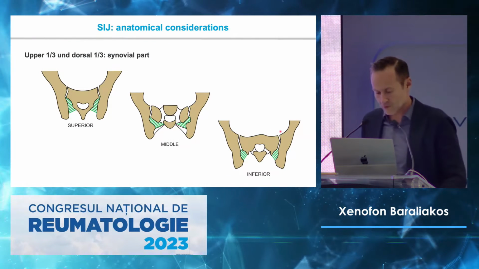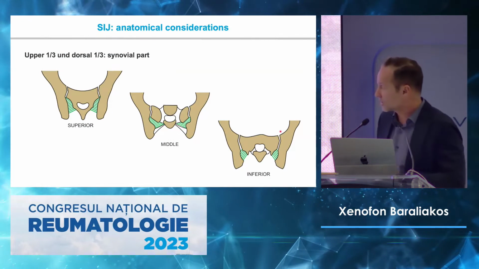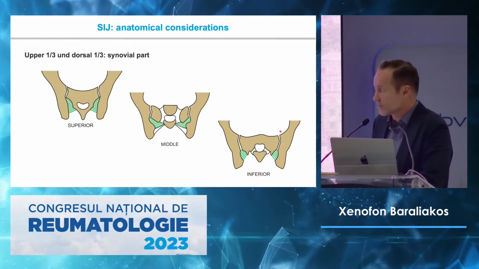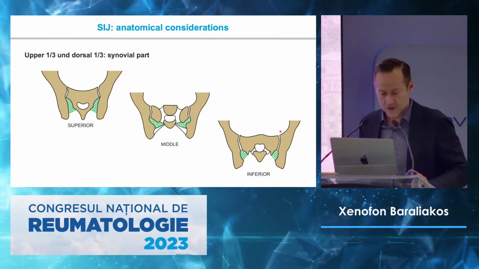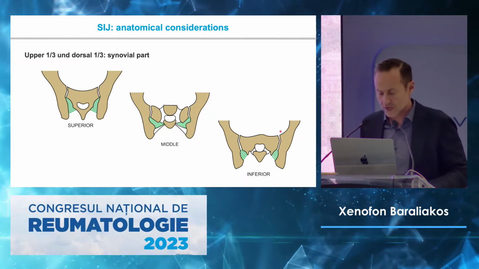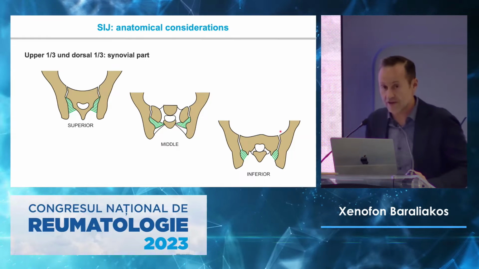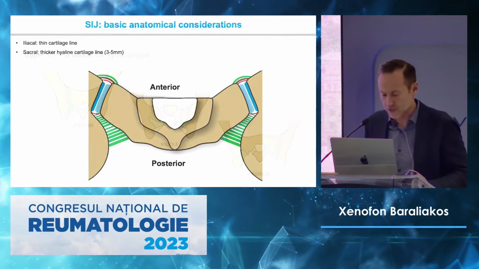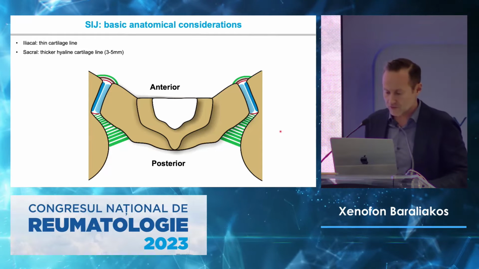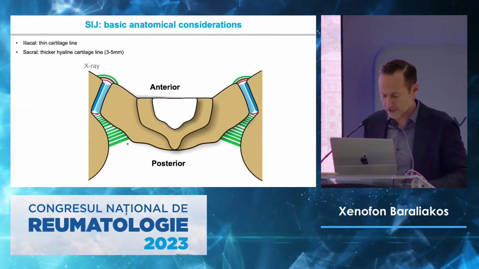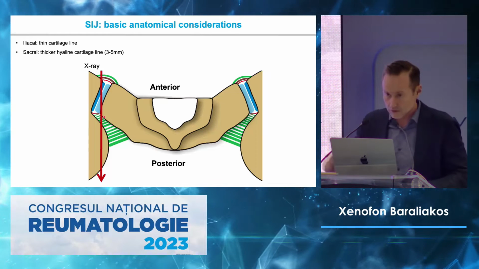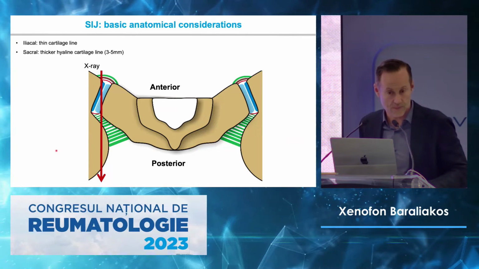And when we look into the sacroiliac joint itself, the way that we assess X-rays and MRIs is very similar. We know that there are different layers from the top to the bottom, and we have areas with more and less cartilage. So in fact, we look into the X-ray, and this is now the front, that's the back, and when you do the X-ray examination, you'll see one ray going through the entire sacroiliac joint.